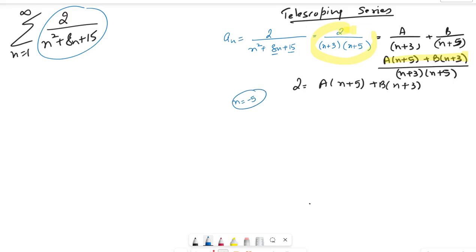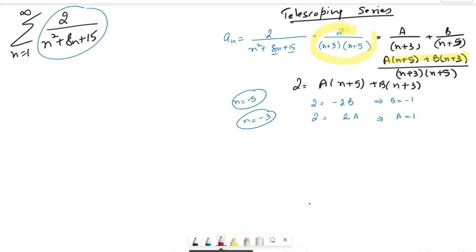When I put n equal to negative 5, the first term will become 0. So 2 equals negative 5 plus 3, negative 2B. B is coming to be negative 1. When I put n equal to negative 3, 2 is equal to negative 3 plus 5, which is 2A, and that term will become 0. That means A is equal to 1.